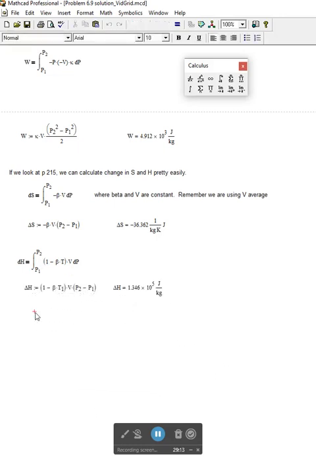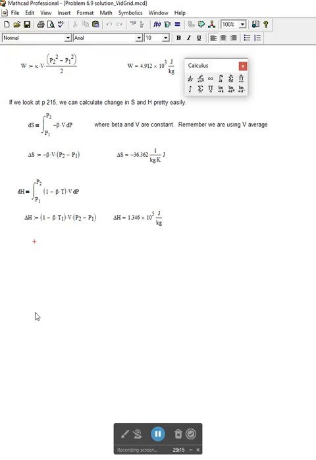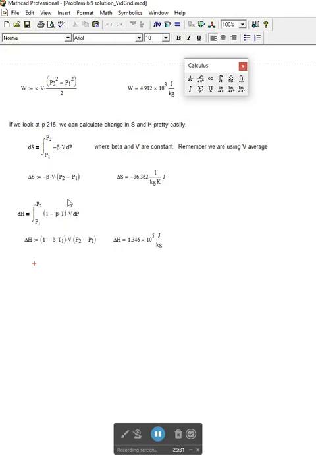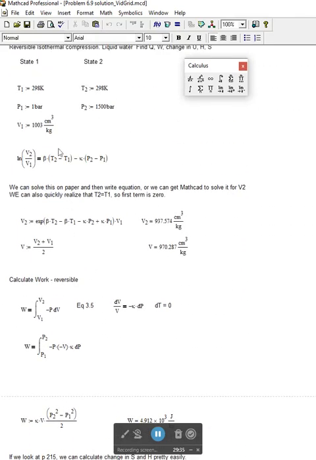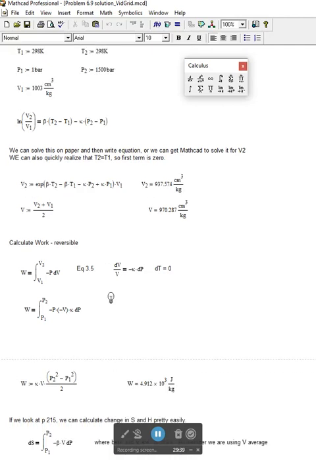So again, to save some time, we don't have to type everything. The integral of dP is P, so now it's 1 minus beta times T1. I put T1 here because I defined T1 at the very top as my temperature, and I set T2 equal to the same temperature.